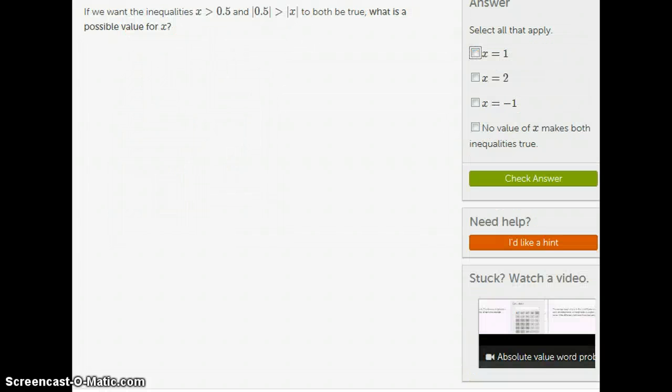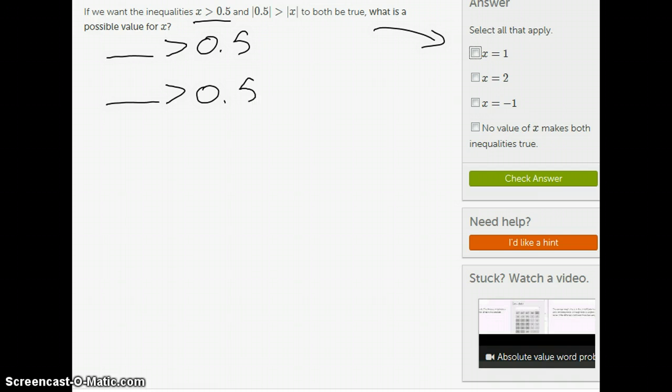Okay, this problem is a little trickier. It is saying right here that some value of x, which is over there, 3 different values, is greater than 0.5. So some value is greater than 0.5. I am going to check all 3 cases to see which or if all are correct.